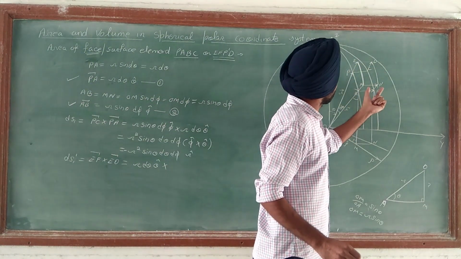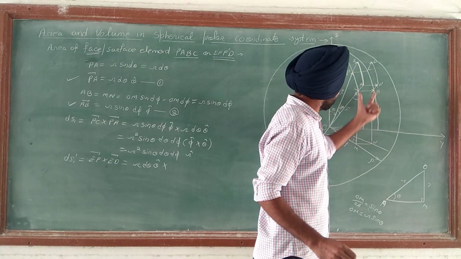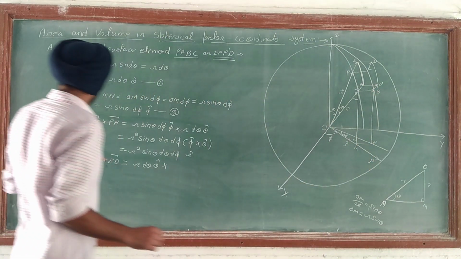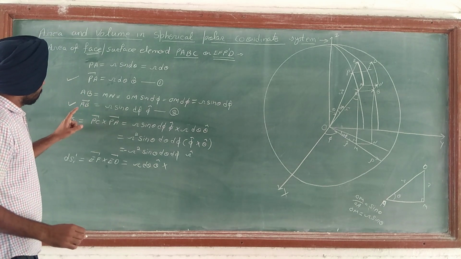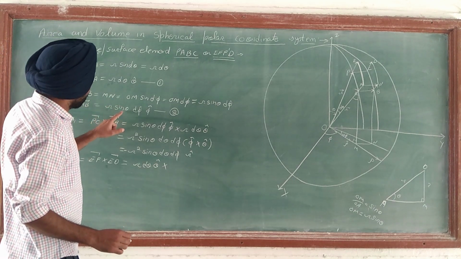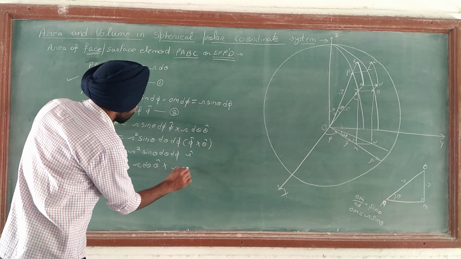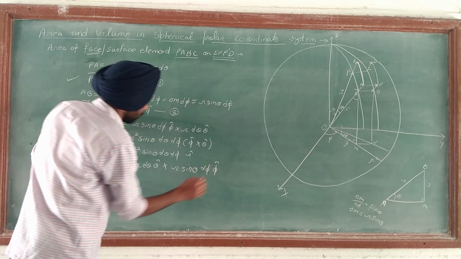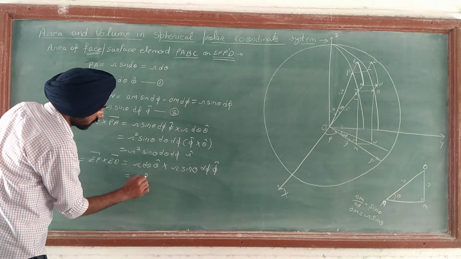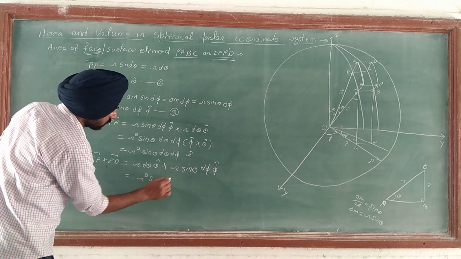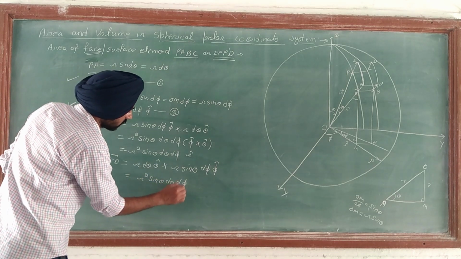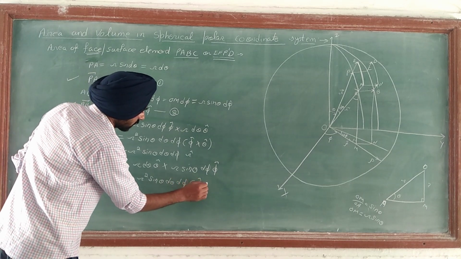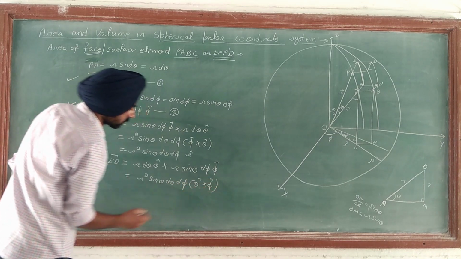ED is equal to EF' equal to AB equal to MN, which is R sin θ dφ φ cap. So we can write it as R² sin θ dθ dφ θ cap cross φ cap.